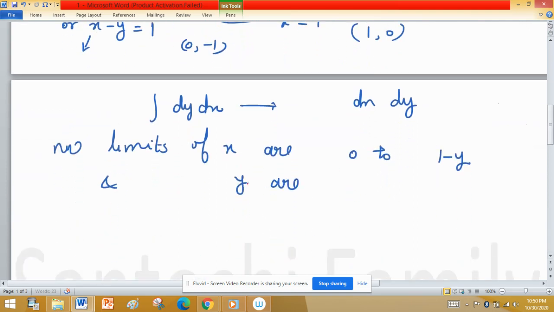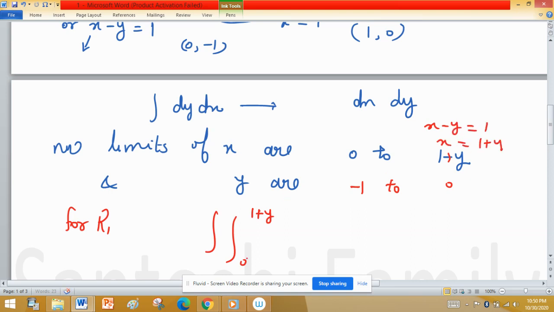So the limits of y are minus 1 to 0 for R1, and the integral translates as x from 0 to 1 plus y, because x minus y equal to 1, so x equal to 1 plus y. So x from 0 to 1 plus y, and limits of y are minus 1 to 0.